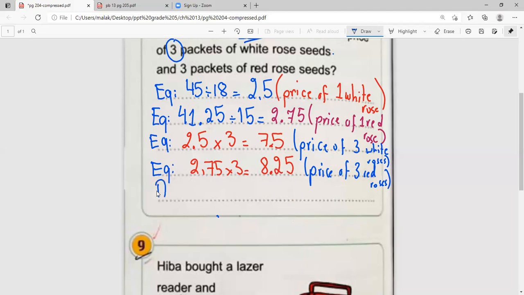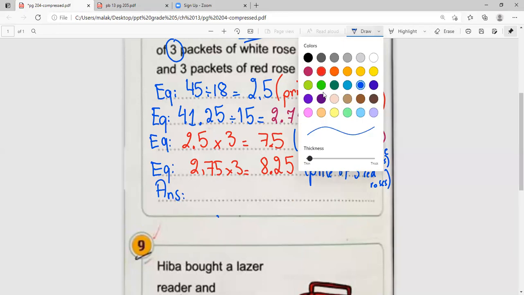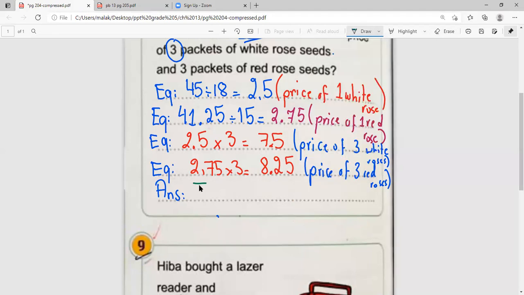The answer. I will write it. So the price of 3 red roses is 8.25. And the price of 3 white roses is 7.5 euro.